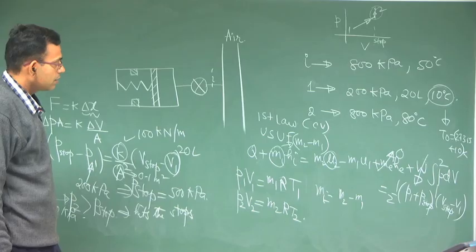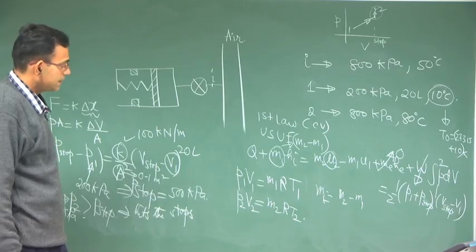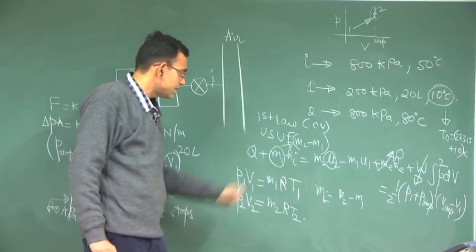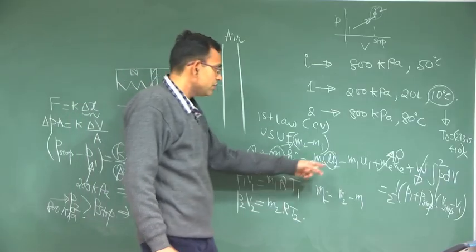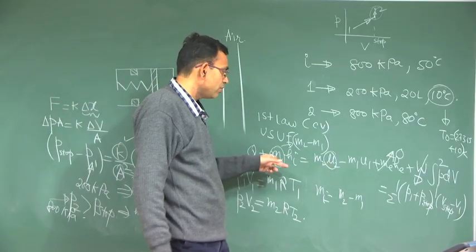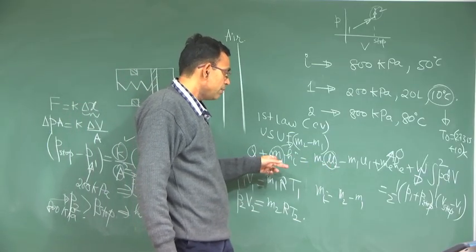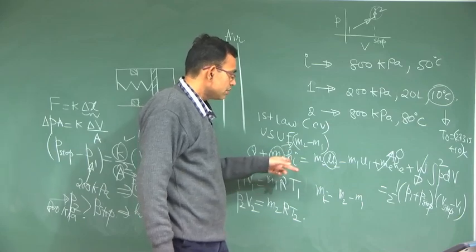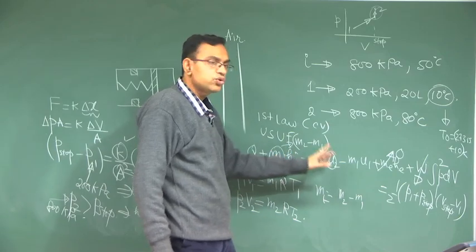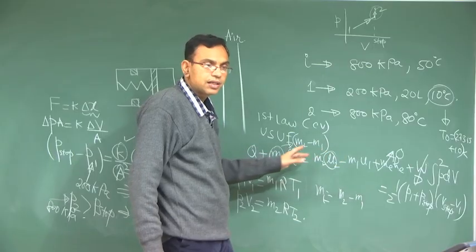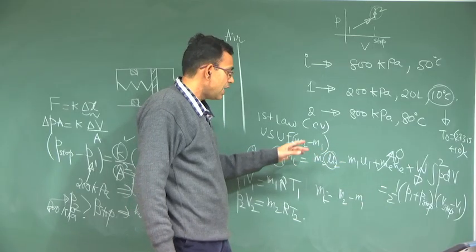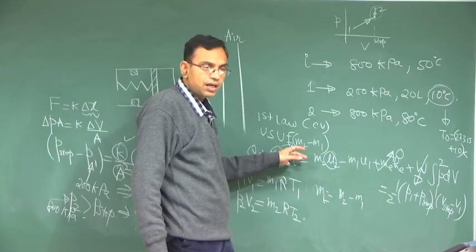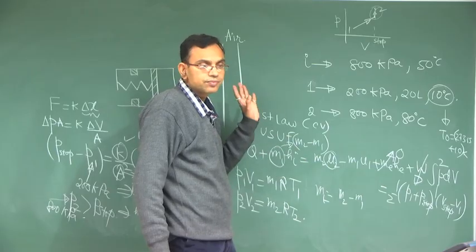So, once you calculate these values, so Mi, when you write M2 minus M1, then you can split this into two terms, one is with M2 and another is with M1. Then H you can write CPT and U as CVT.